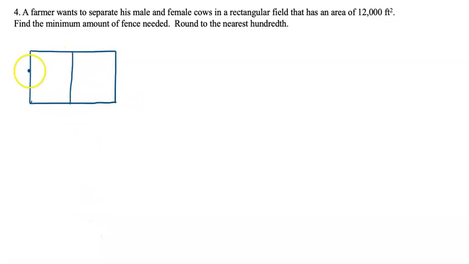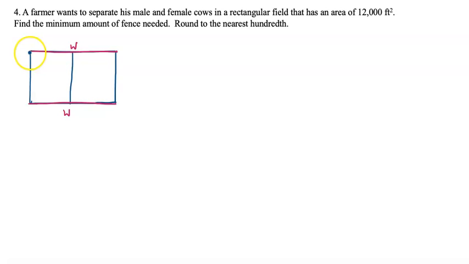And what I'm going to do is I'm going to label all of these sides because I know that this has an area of 12,000 feet. The entire field has an area of 12,000 feet. And so I need to categorize this in terms of certain lengths and certain widths. Now, I'll call this large piece of fence a width. I know because this is a rectangular field, this large piece of fence is also considered a width.